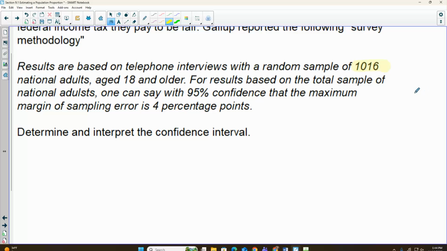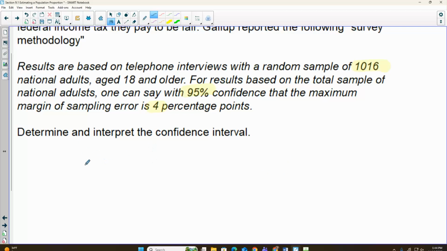For results based on the total sample of national adults, one can say with 95% confidence that the maximum margin of sampling error is 4 percentage points. That's really confusing, but if you actually look at any surveys, you'll see blurbs like that at the end. They'll talk about confidence intervals, they'll talk about margins of error.